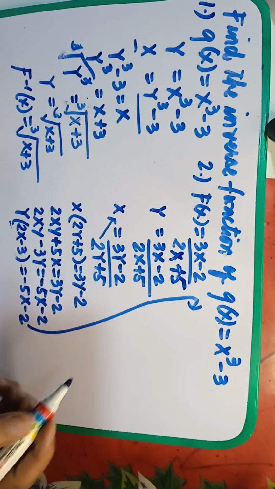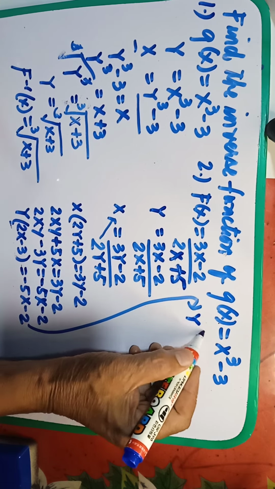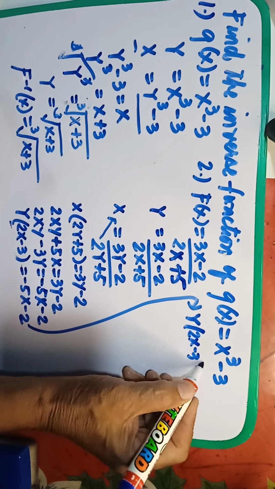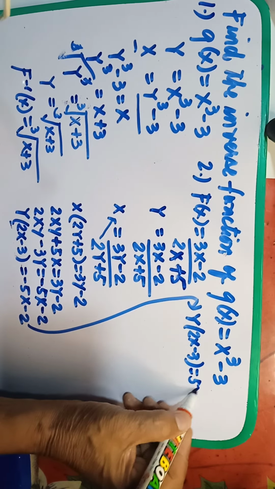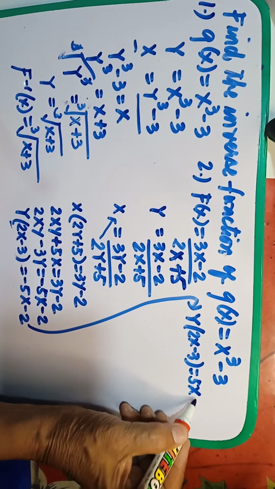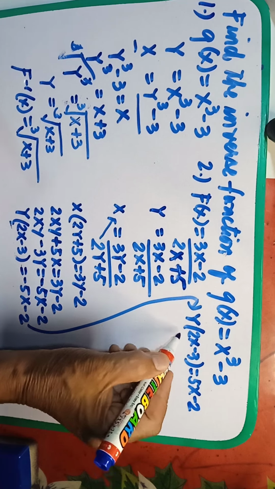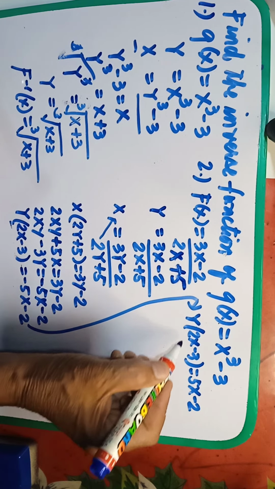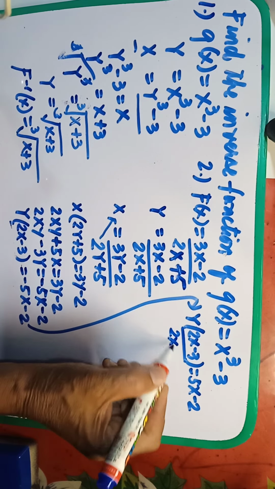Here, y times 2x minus 3 equals negative 5x minus 2.